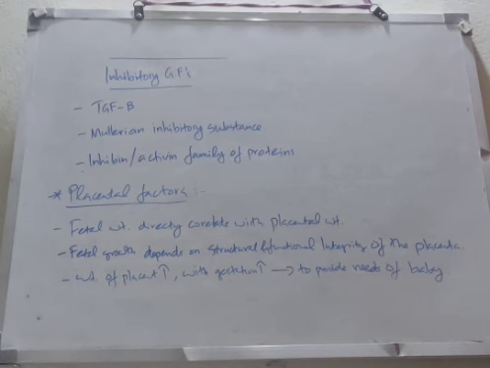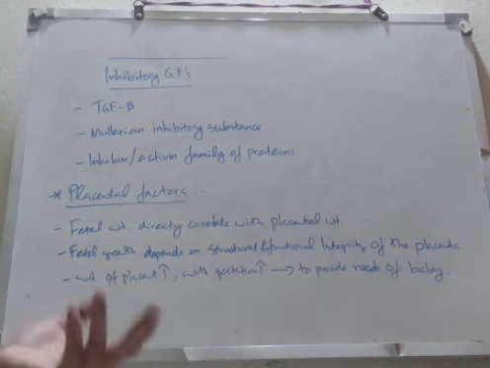So there will be easier diffusion of fluids, and this positive remodeling helps nutrient transport across the placenta. So that's the matter on placental factors. Next we can move to maternal factors.